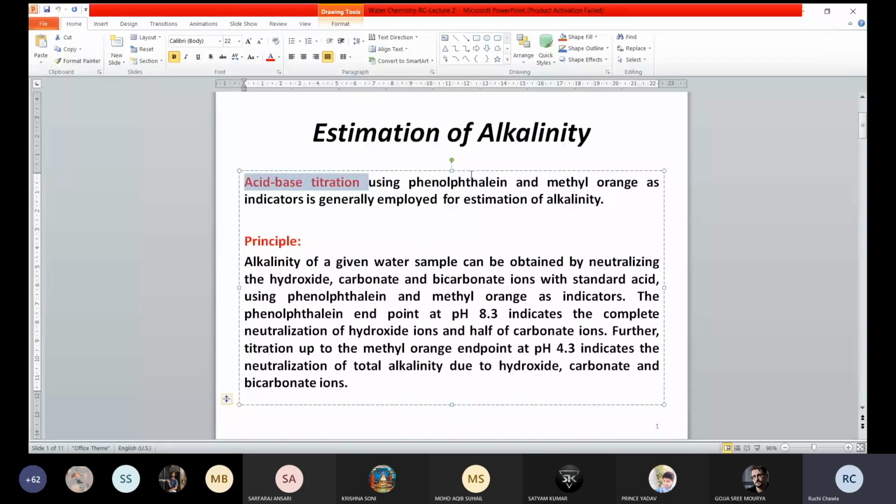One is the phenolphthalein indicator, and the other is the methyl orange indicator. And I will tell you why I'll be using two indicators in the following discussion. But before that, tell me the colors of these two indicators in two different media. What about phenolphthalein? What is its color in basic medium?